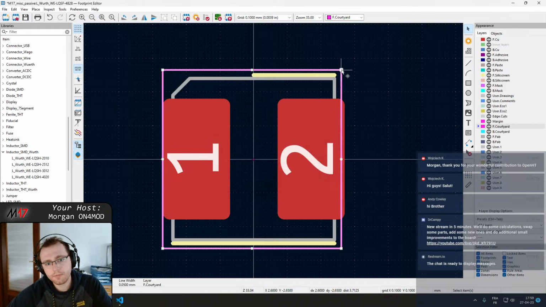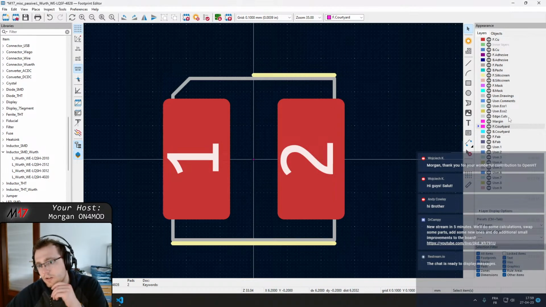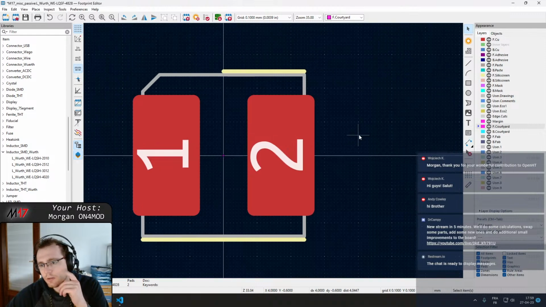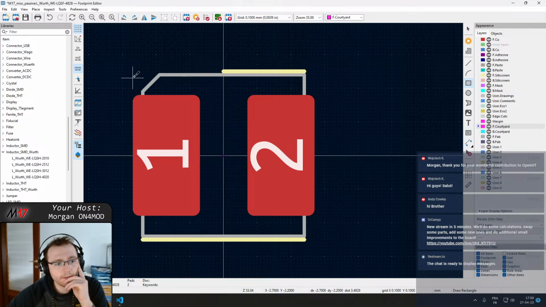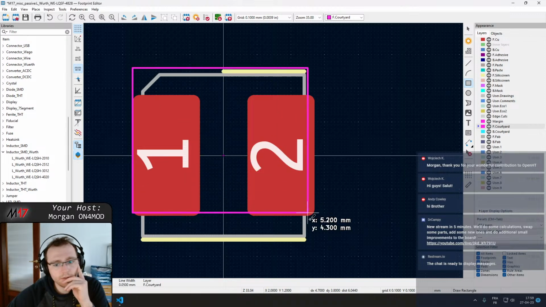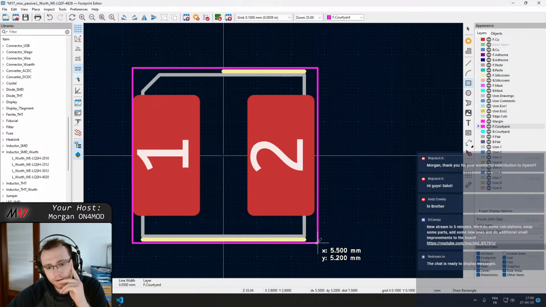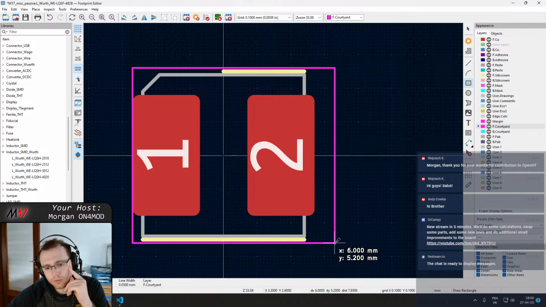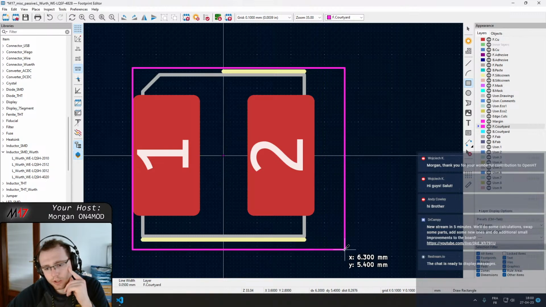Okay, gonna do it larger than that then, because there we have the pads. Then okay, square. Let's go from here to here. So it's 5.4, and then let's add an additional 0.8 millimeters, so 6.2, and then make it square.